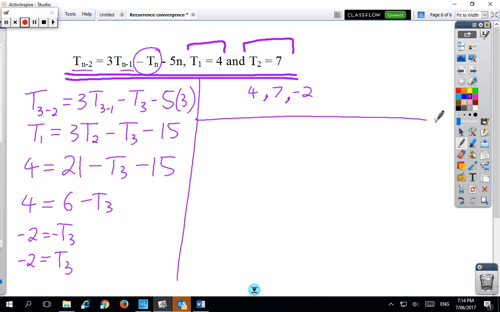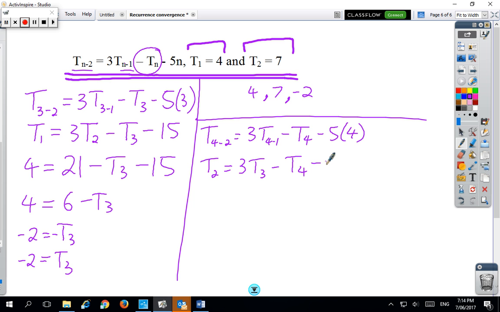Let's see what term 4 is going to do by, again, replacing each of these N's with a 4. So T4 minus 2 equals 3 T4 minus 1, minus T4, minus 5 lots of, there's an N there, so 4. Okay, let's refine this. T2 equals 3 lots of T3 minus T4 minus 20. Now we know what T2 is, it's up here, it's 7. We know what T3 is because we just found it, it's minus 2.